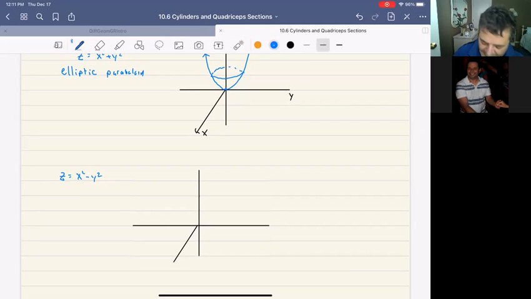Z equals x squared looks like so. You think of that as x, and this is y. Z equals y squared looks like so in that plane, right?